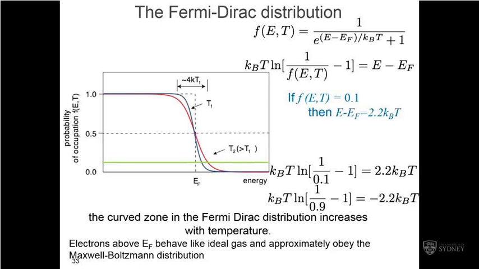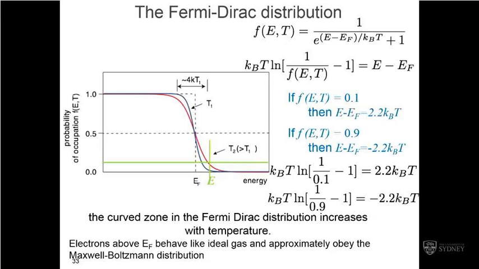The higher the temperature, the more smeared out this function becomes. So if we consider 0.1, which I've drawn as the green line here, then that cuts the red curve, the larger temperature, at this point here, which is some energy E, and when you work that out, that equals 2.2 k_B T.